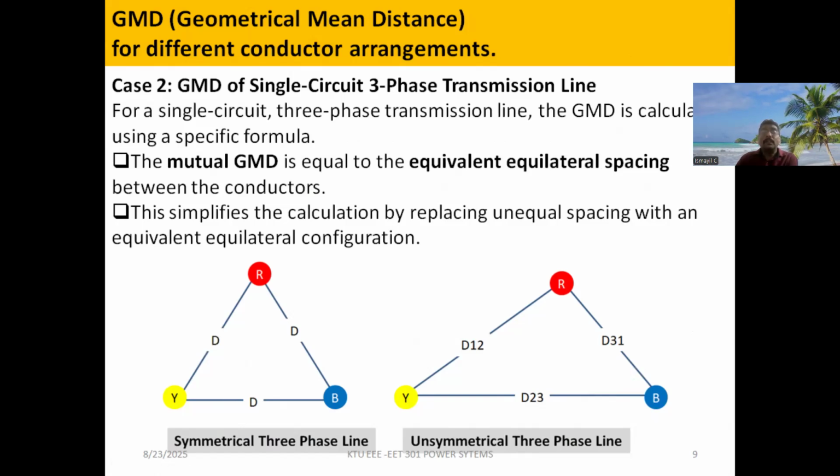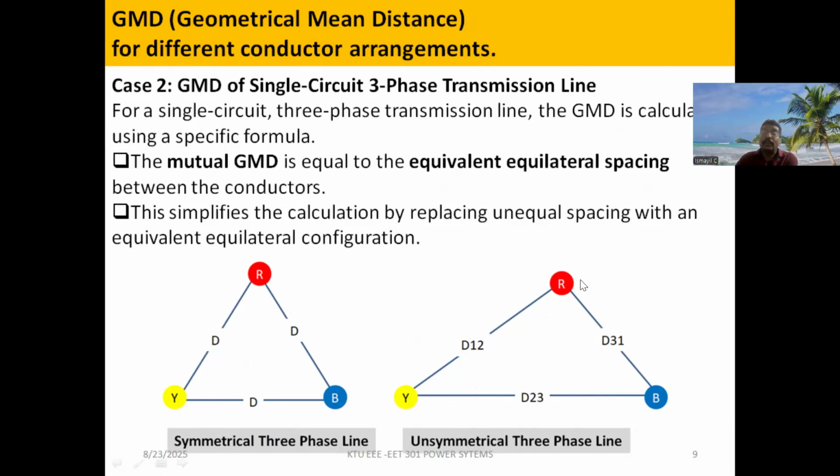In a symmetrical three-phase line, the conductors are placed at the corners of an equilateral triangle, at the same distance between one conductor and the other two conductors. But in the unsymmetrical case, the distances between phase R and phase Y, phase Y and phase B, and phase B and phase R are different.